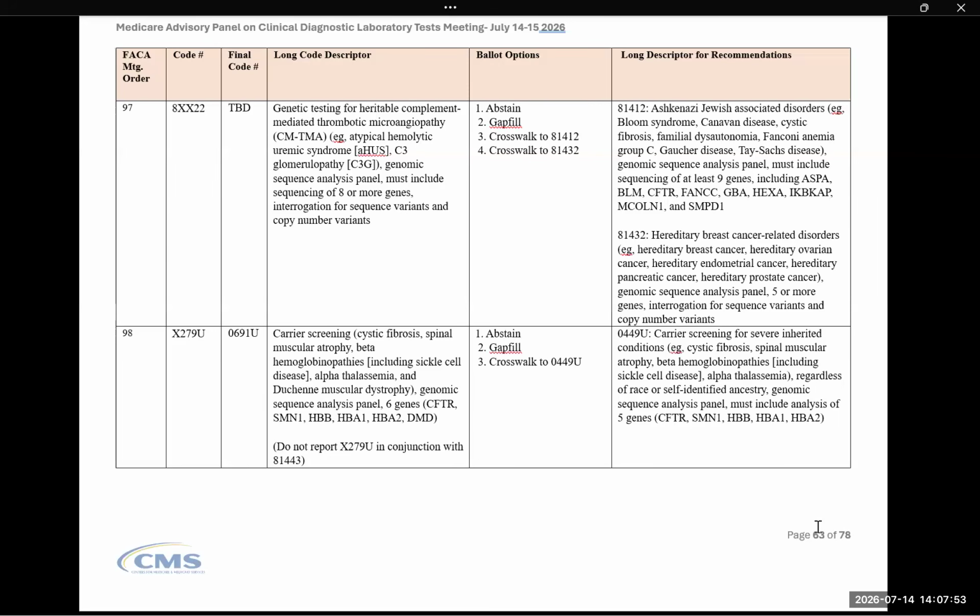Fantastic. Panel members or CMS, do we have any questions on this code? All right. Thank you, everyone. And panel members, please vote now. Thank you.